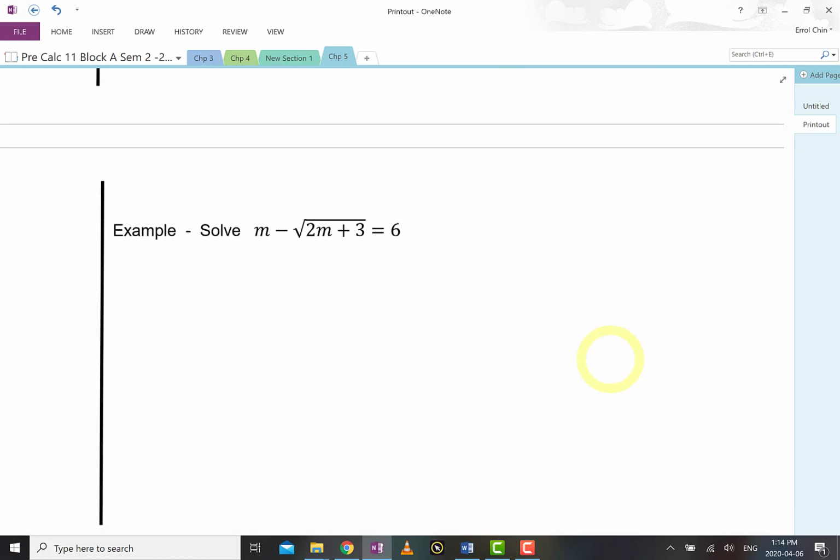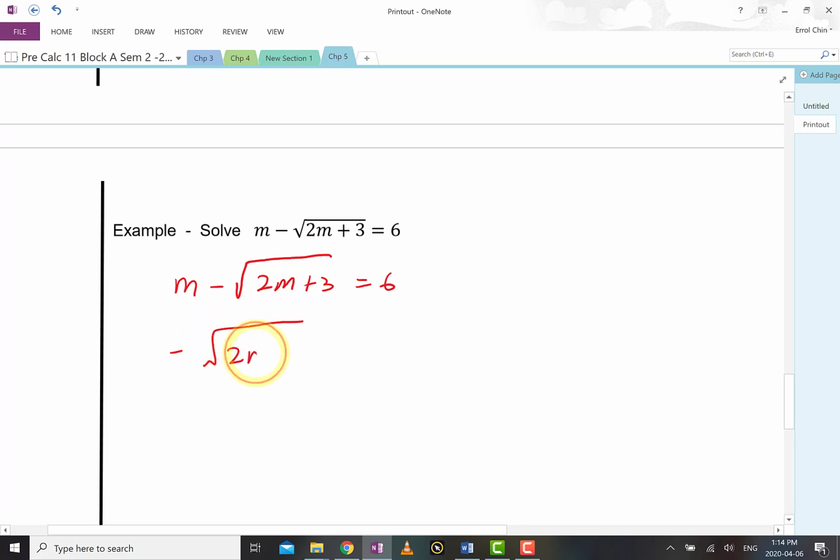Here we go again. We have m minus the square root of 2m plus 3 is equal to 6. We always want to isolate the square root. So I can subtract m from both sides, so I get negative the square root of 2m plus 3 is equal to 6 minus m.